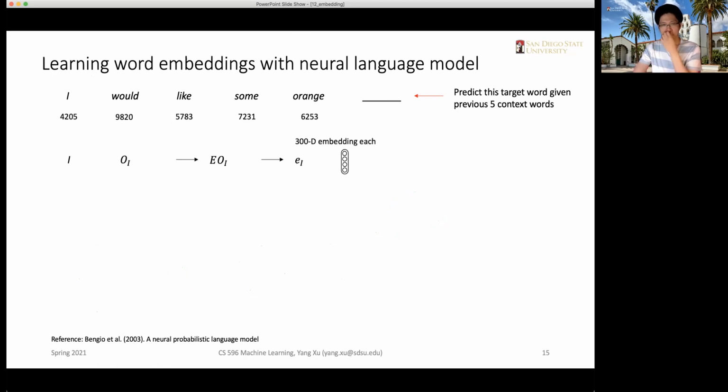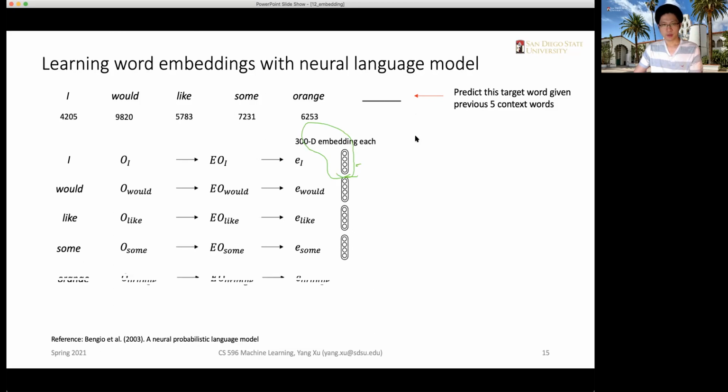So this is a 300-dimensional vector, and the next word would be another 300-dimensional vector, another, and another. So assume that we use the previous 5 context words to predict the next one. Then given these 5 vectors, we use them to predict the next word.